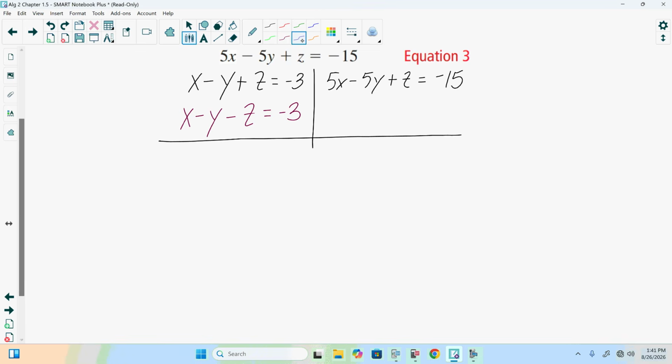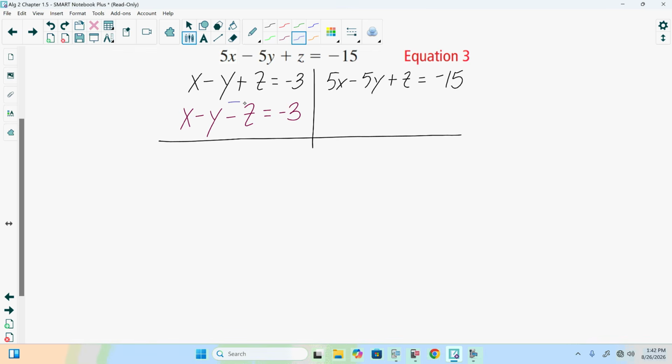Now, it doesn't matter which one we do first. We just need to pick one of the two that's not the eliminator to eliminate z out from. So if we look at this one here, we have z and negative z. So we're either going to add them together or subtract them. Which do we think it is?